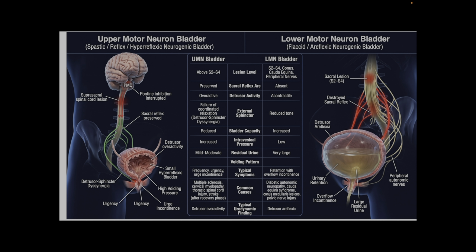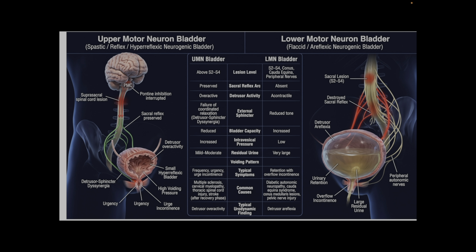Whereas in an LMN lesion, the bladder does not contract at all, resulting in a large bladder, urinary retention, and overflow incontinence. Here you can see the urine retained because of detrusor areflexia.